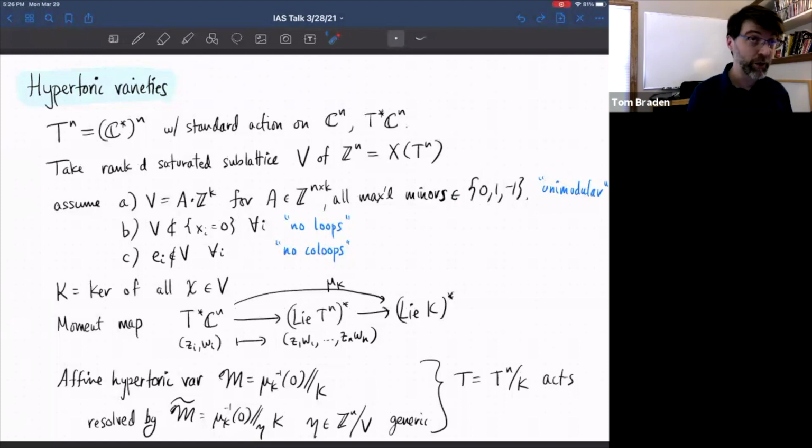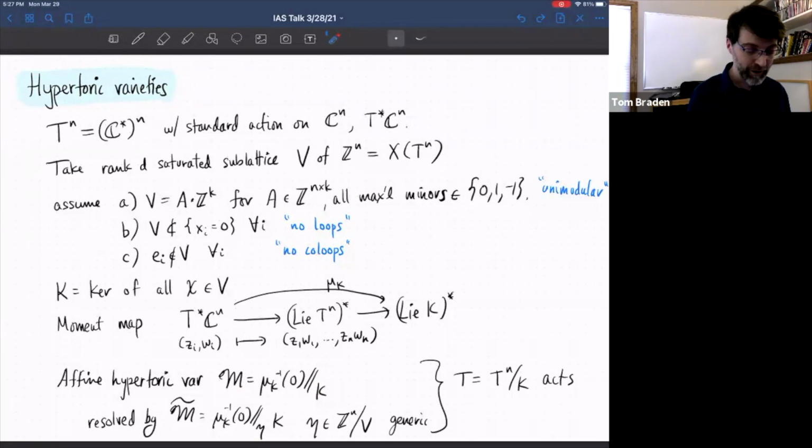You can do hypertoric varieties by quotienting by non-connected groups, but it makes it more complicated, and the theorem I'm going to state won't work in that case. So you have this moment map of K, which maps the cotangent bundle to the dual of the Lie algebra of K. You take the inverse image of 0 and take the categorical quotient by K, and that gives you an affine singular hypertoric variety.